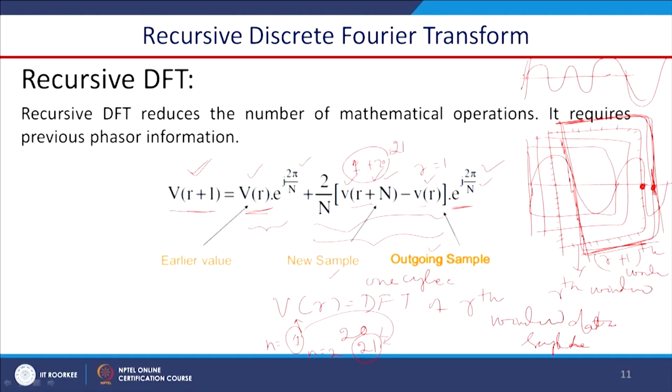Now, when the window moves and reaches within this changed signal part, it will see some difference between these two samples. The difference between the new sample and the old sample will be significant when this window reaches the disturbance area.